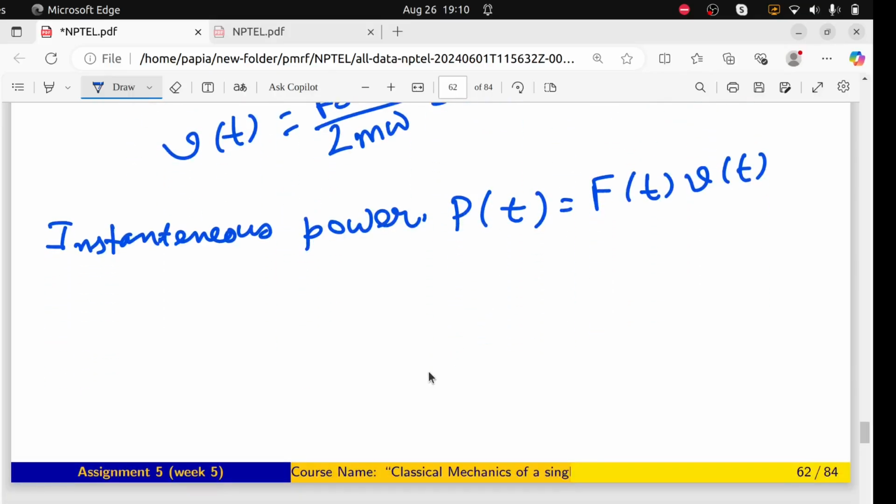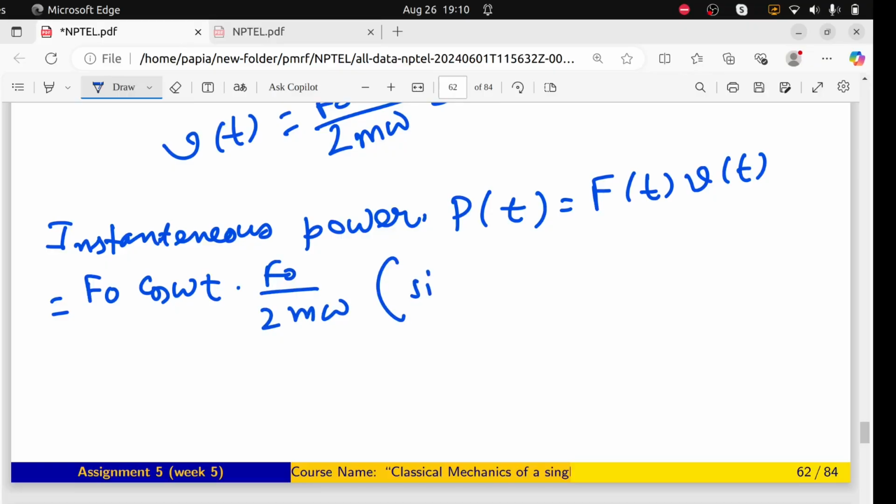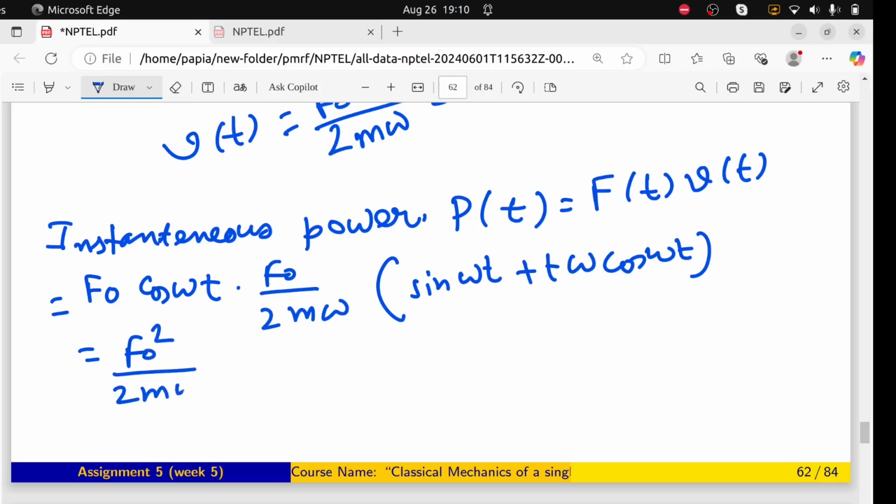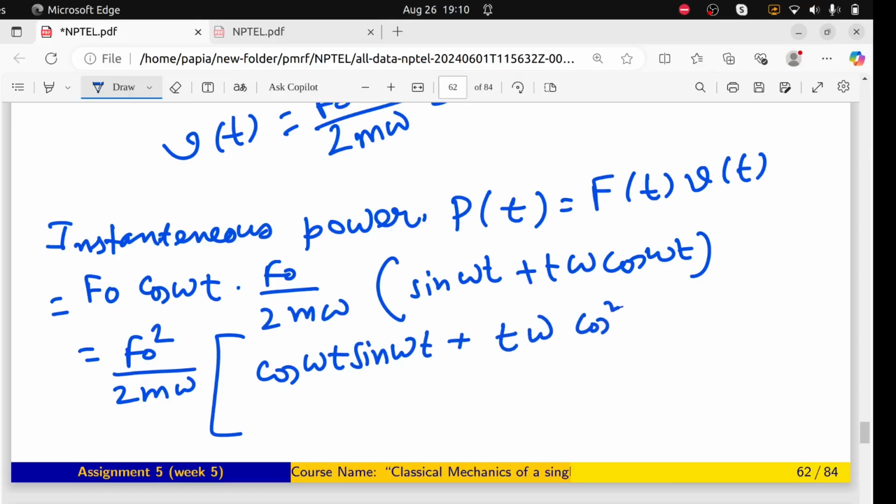So f of t I have in my question as f0 cos omega t, and then v of t is f0 by 2m omega times (sin omega t plus t omega cos omega t). Now you can see that this is f0 square by 2m omega, all the things will be outside, then cos omega t sin omega t plus t omega cos square omega t.